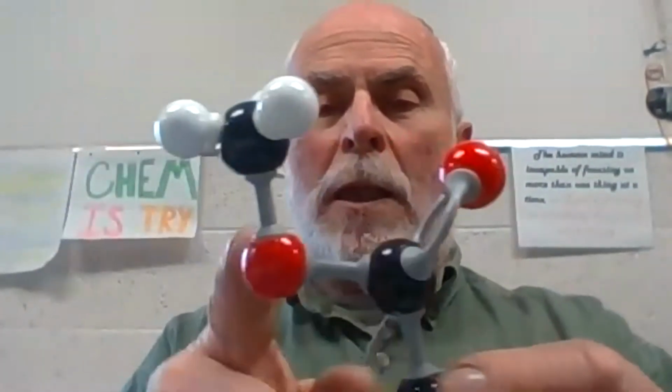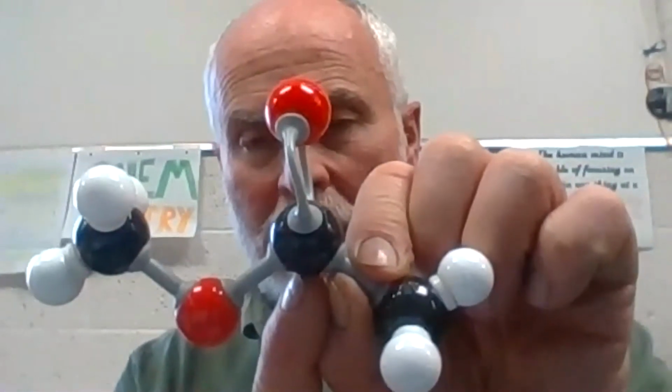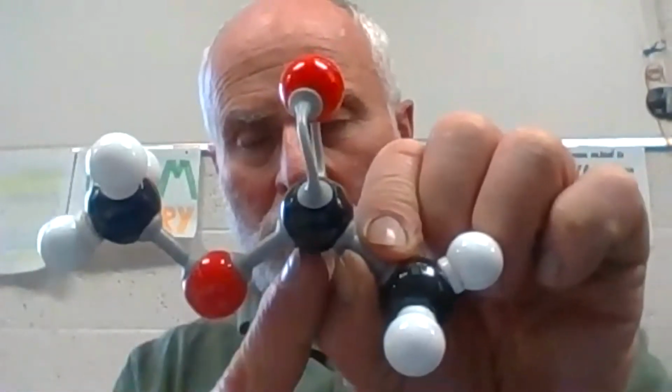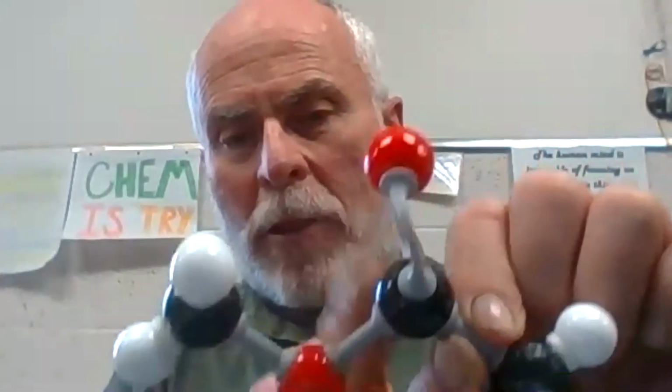So now we've got an O between two C's, which is like an ether. And we've got a double bonded O attached to the same C that the other O is attached to. So with the O between two C's and the double bonded O on the same carbon, that is an ester.